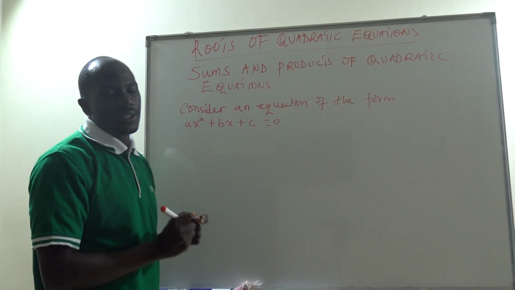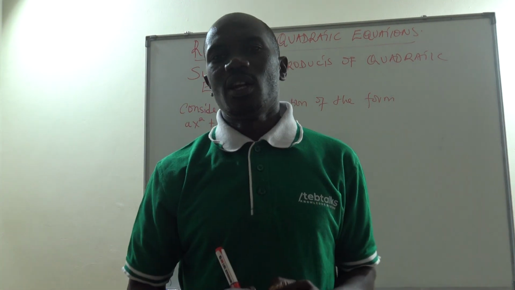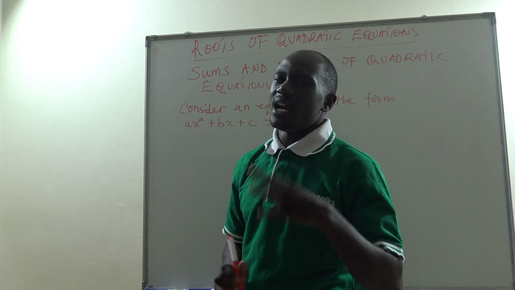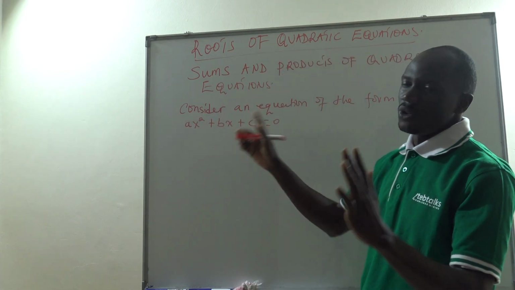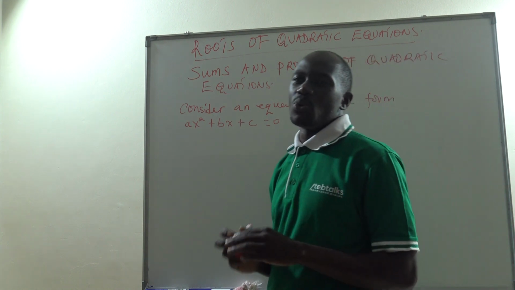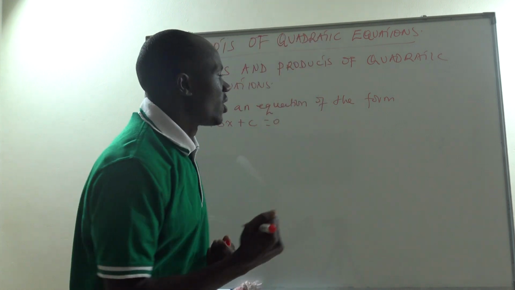And for this case, I say that when you are dealing with a quadratic equation, make x squared have a coefficient of 1. And how are we going to do that? The first step is to look at our equation here. We are going to divide by a throughout, such that we can obtain a coefficient of 1 on x squared.